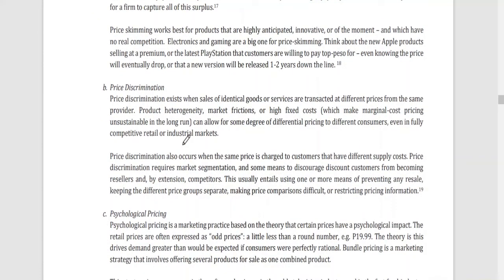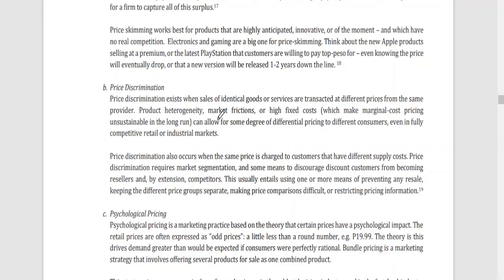This exists when sales of identical goods or services are transacted at different prices from the same provider. Again, identical goods, the same goods, but different prices set by the same seller or same producer.